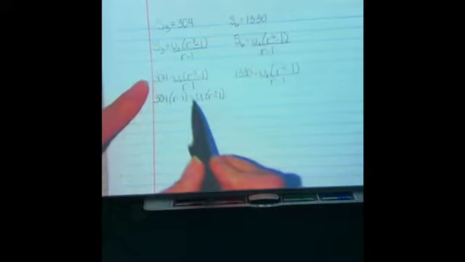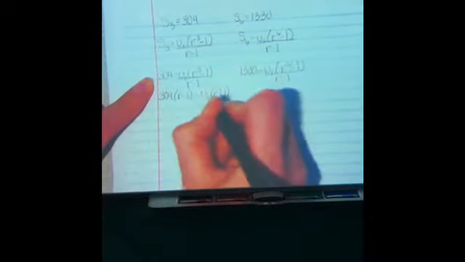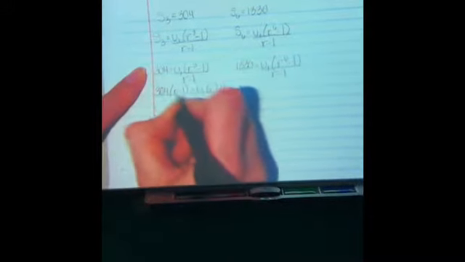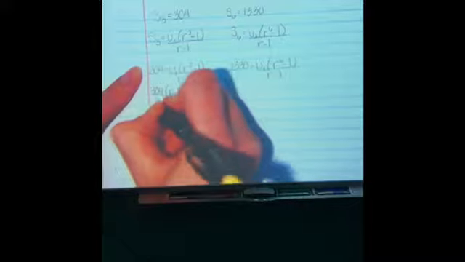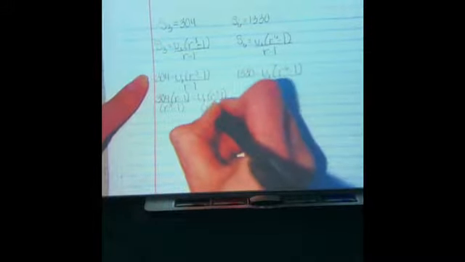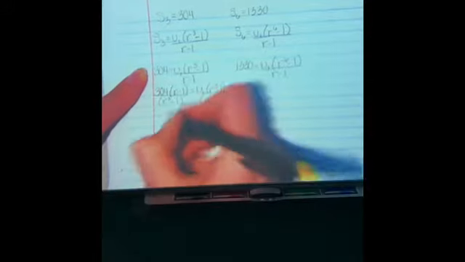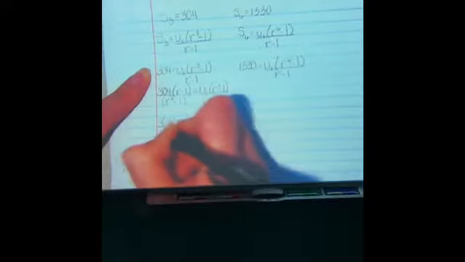And then to get U sub 1 all the way by itself, I'm going to divide both sides by the quantity of R cubed minus 1. And that will give me 304 times the quantity R minus 1 over R cubed minus 1 equal to U sub 1.